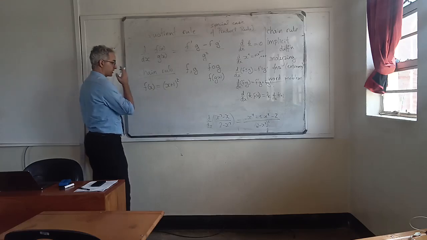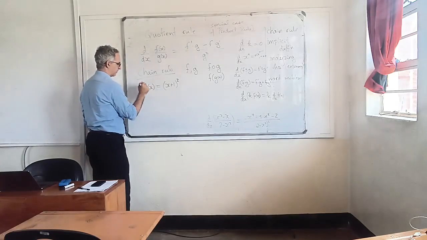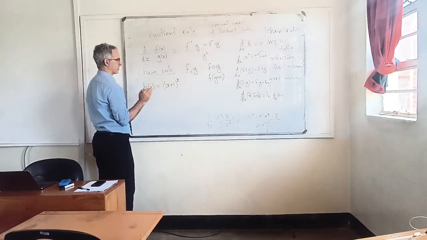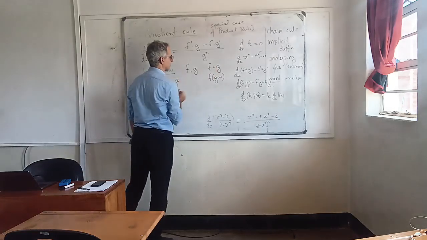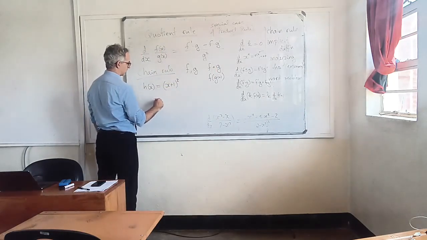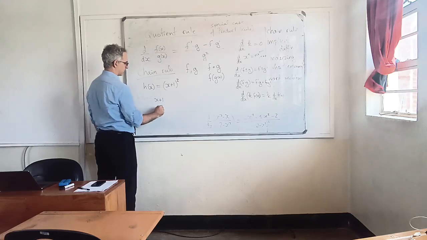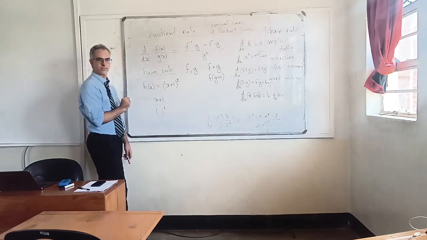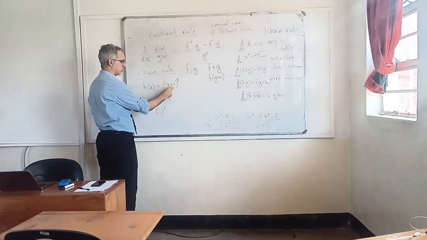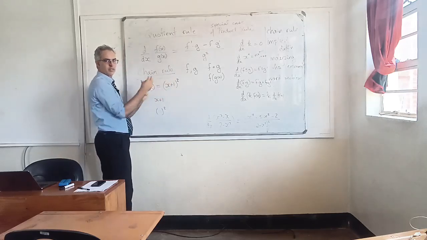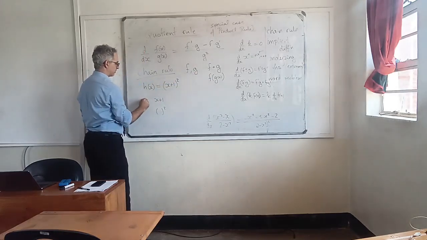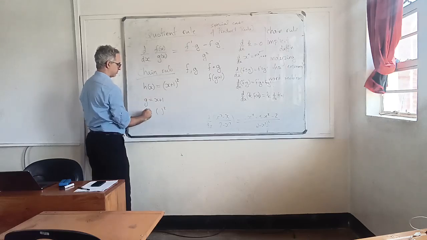I could rewrite this. Let me call this h. So h is made up of two functions. It is a composition of functions. One part of this function is x plus 1, and the other one is something squared. To do this function, I do two things, one after the other. I do x plus 1, then I take that result and square it. So to compare it to what I've done here, this would be my g, and this would be my f.